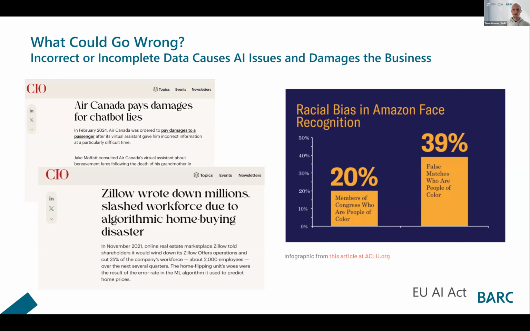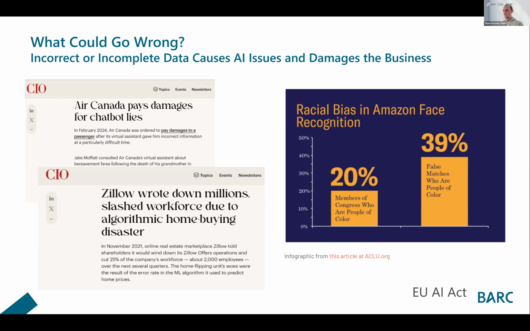As you can see here, I've posted some examples. For Air Canada, a chatbot starts hallucinating some answers to a passenger and gives the wrong information, and it ends up in a court discussion and real image damage for Air Canada. Zillow, for example, implemented an AI application that posted initial cash offers for homes.